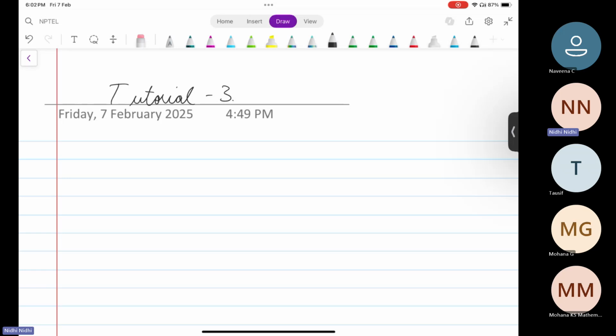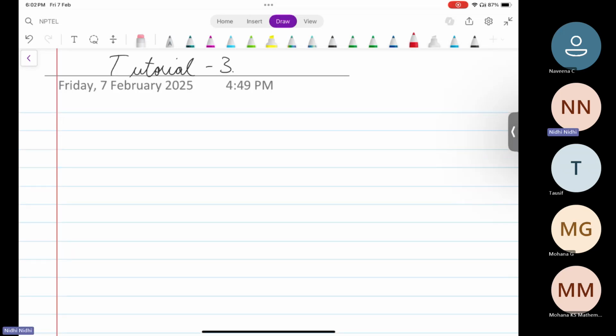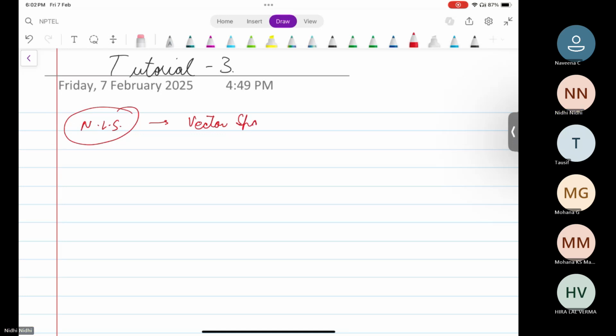So let's recall. What do we mean by a normed linear space? A normed linear space is actually a vector space with a norm. So suppose V is a vector space and we have some function from V to R such that we have three properties of the norm.